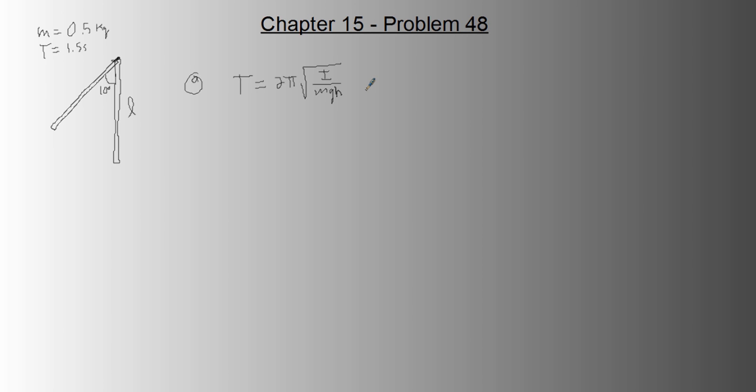where, as I screwed up in the main concept video, this is not like a height, which, by the way, just to confusify things, we're going to need to find. It's not this height that the center of mass drops. It is the distance from the pivot point to the center of mass for this particular equation.